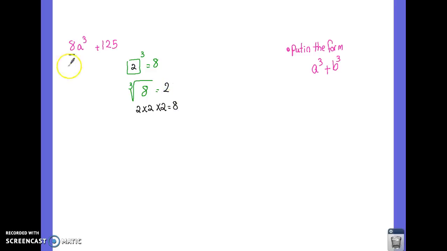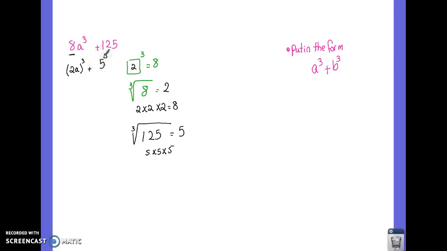So, I get 2a all cubed plus, what is the cubic root of 125? Simply 5. 5 times 5 times 5 is 125.